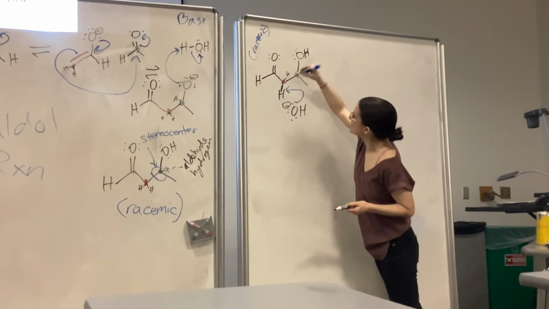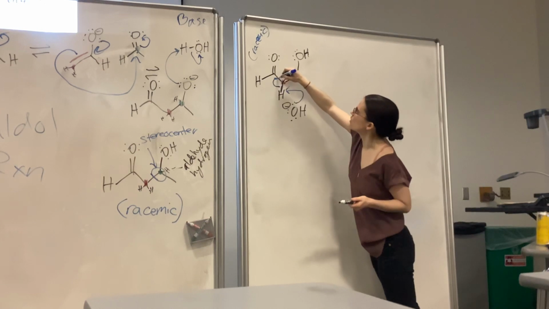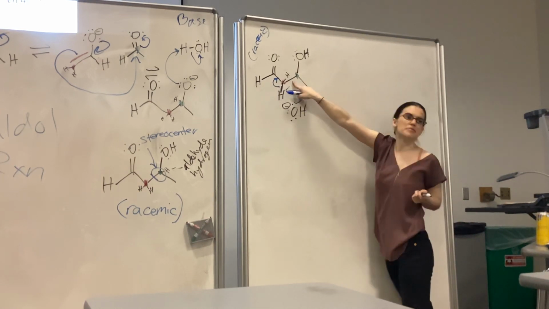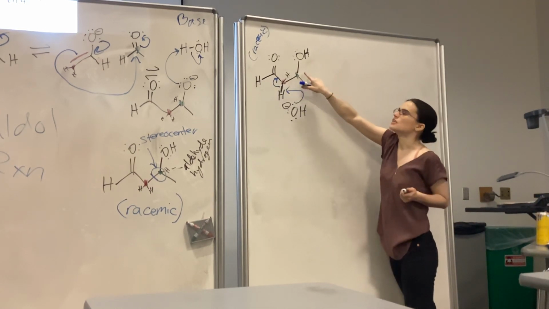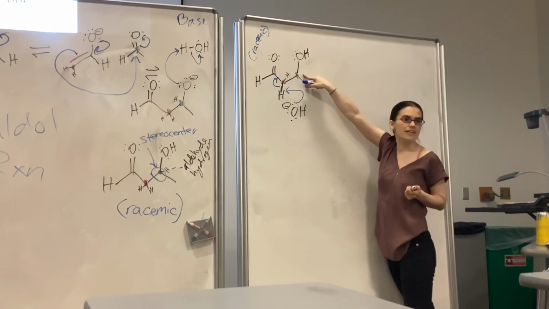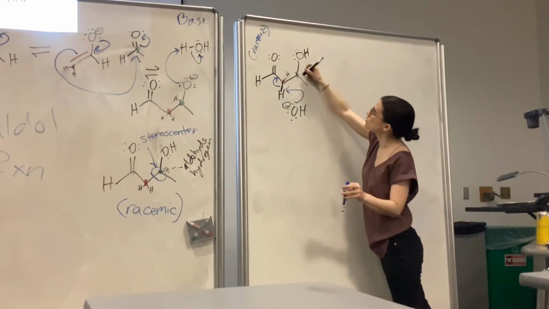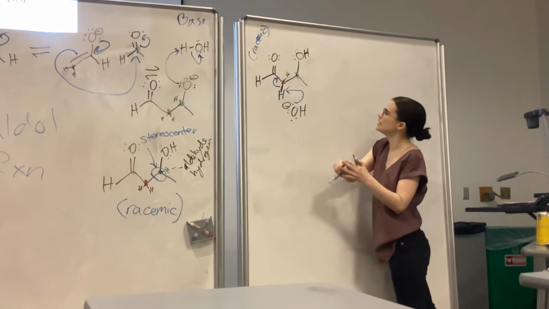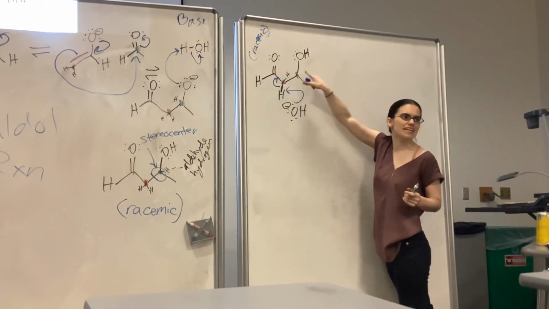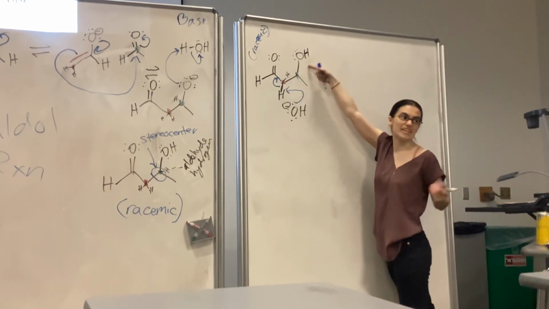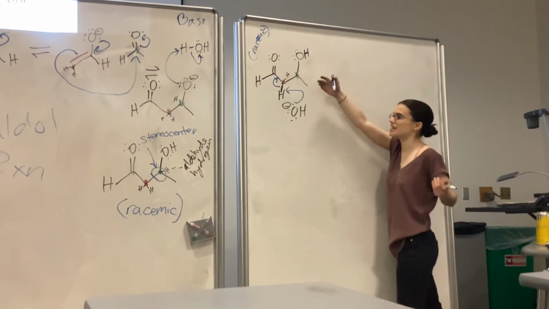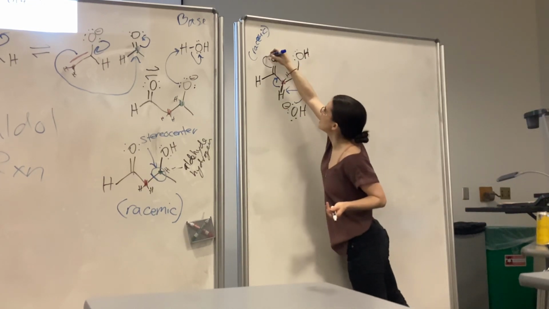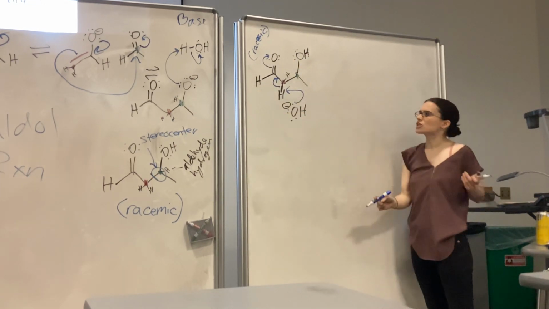That's gonna take this, and this is gonna go, it could try and kick up here, but remember, this one already has hydrogen, and if we need to draw that in, we can to remind us, but there's nothing really to kick off of here. I mean, we'd have to kick off OH minus, right? And that's not a leaving group yet. This is a really easy place for electrons to go, right?